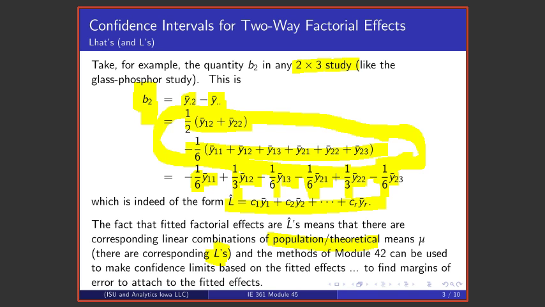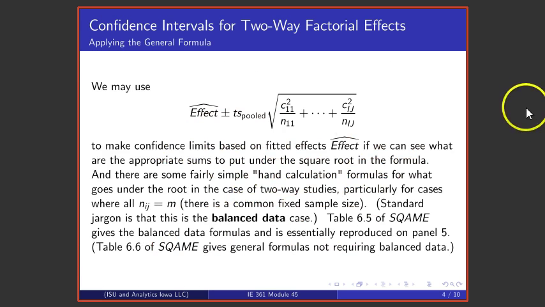The approach then is to say that the plus or minus parts of the confidence limits for the theoretical linear combinations serve as margins of error to attach to the L hats.